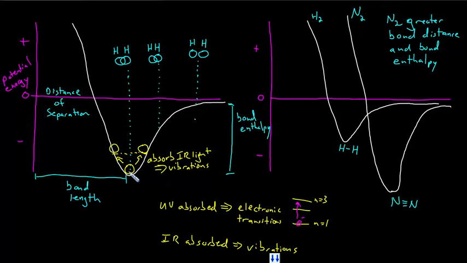Now, this amount of energy required to get us back to being gases, like in a vacuum, this amount of energy required to break the bonds, is the bond enthalpy. If those atoms approached each other even more, if they got even closer together, they would start increasing in energy rapidly.